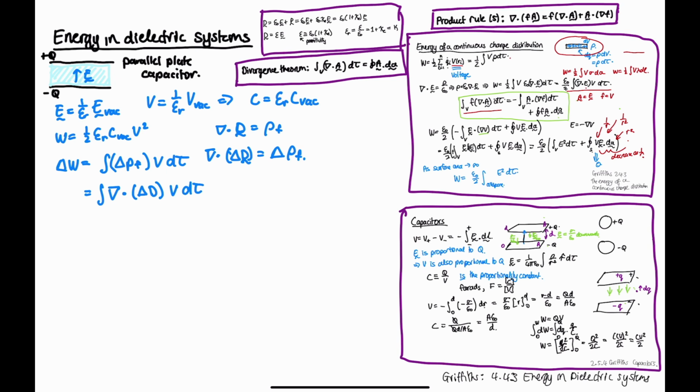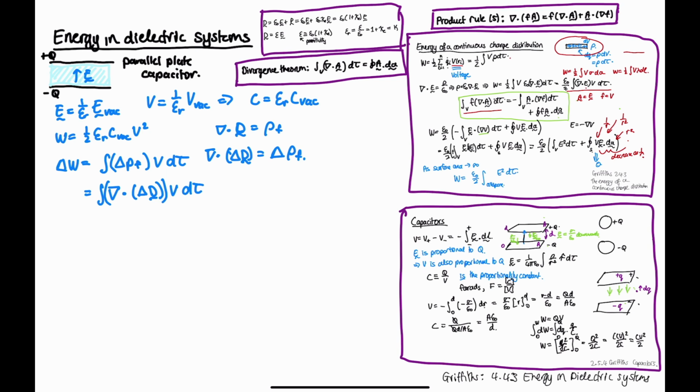So we will write this as the divergence of delta D times the voltage d tau. Okay, now what we're going to do is use this product rule number 5. Here we have the divergence of, this is a vector. Sorry, I didn't put my squiggle under there to show that this displacement is a vector. And this voltage here is a scalar. So we can put brackets around there just to make this next step really clear.